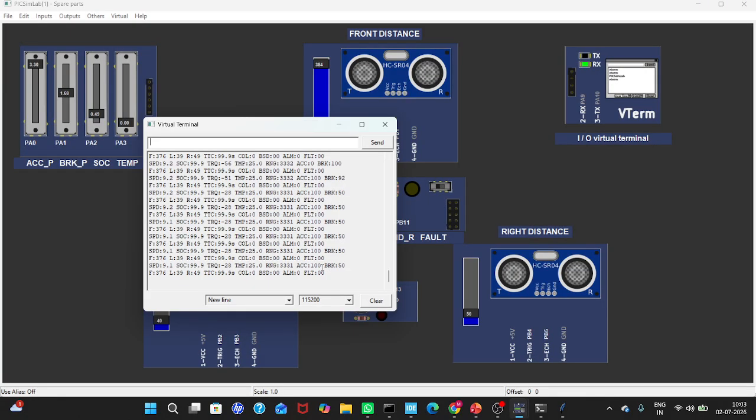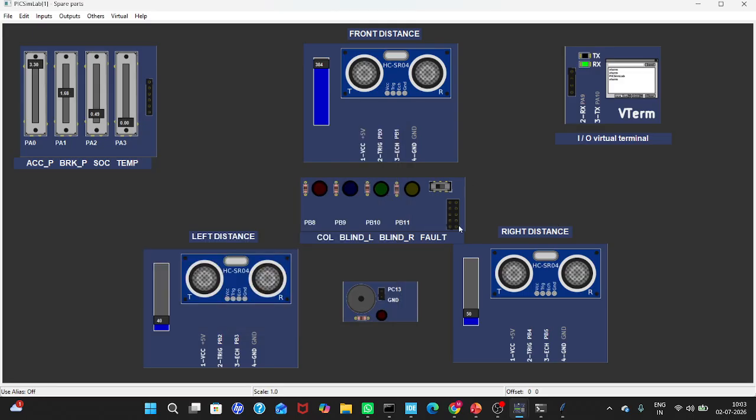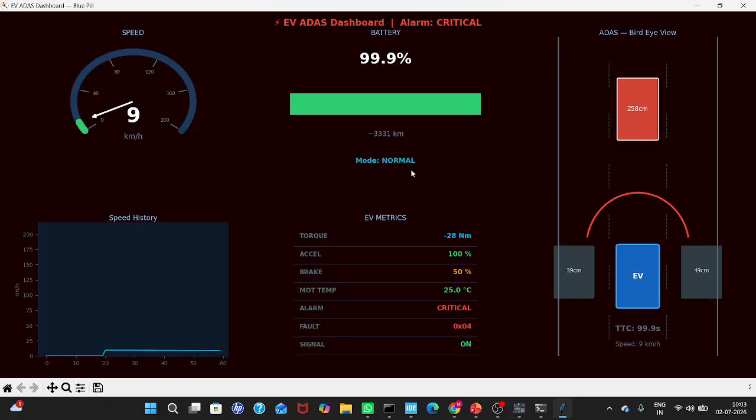Here, every two lines are updating equally, and we can observe time to collision also simply here. And if there is any fault, we can observe these alarm warnings. This is a very effective method for real-time application. Everyone can easily monitor the things.